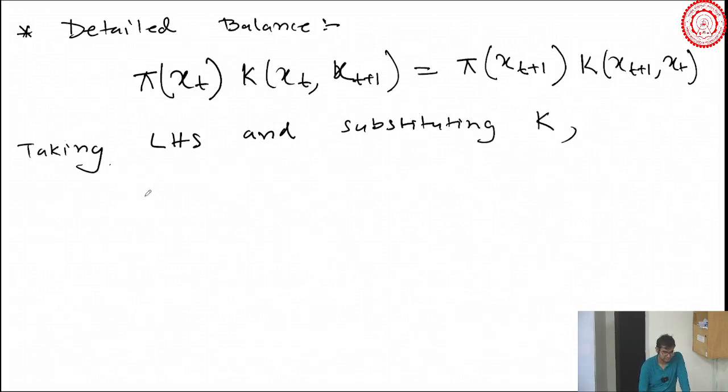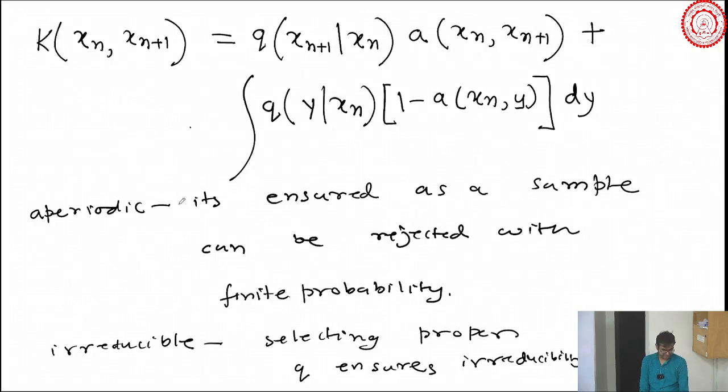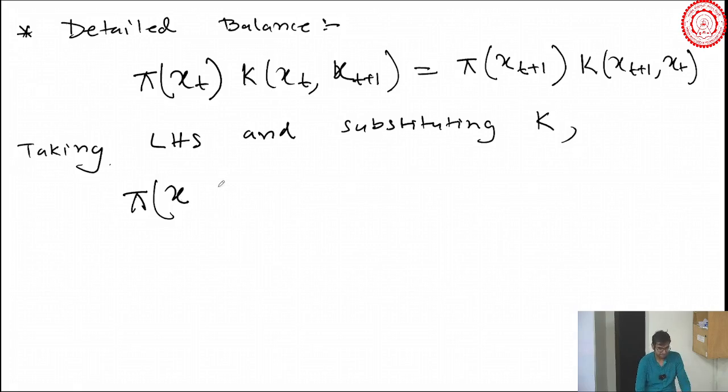Can someone tell me? Pi of xn, I was writing n, so let's write xn. Pi of xn, and then k is equal to what?